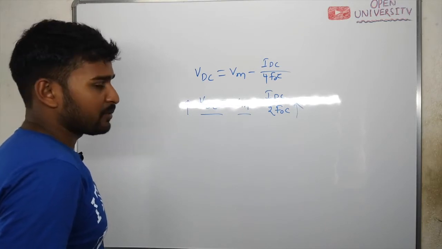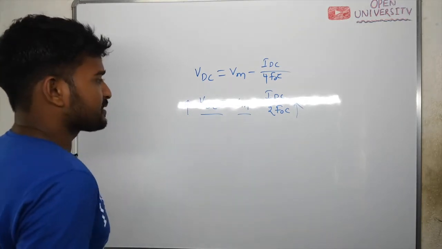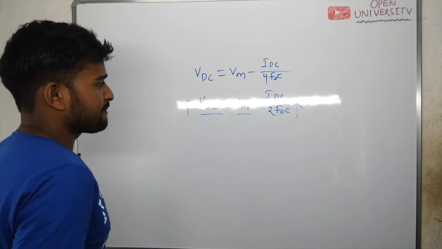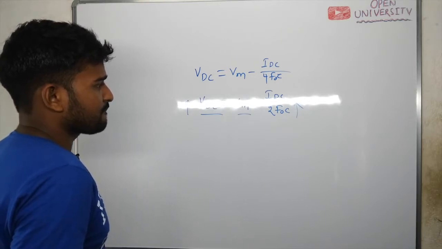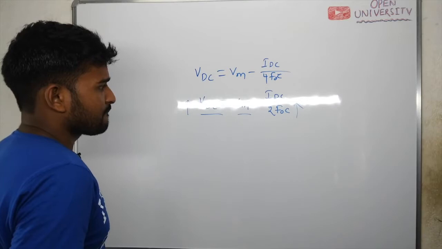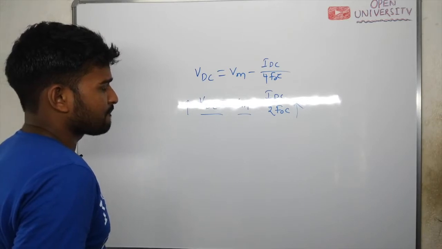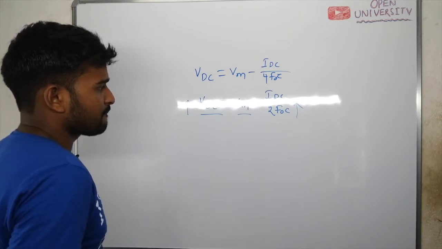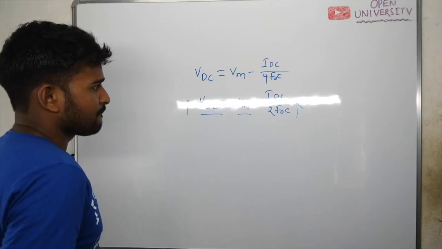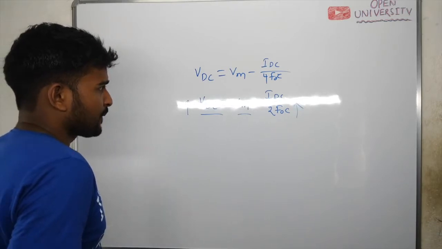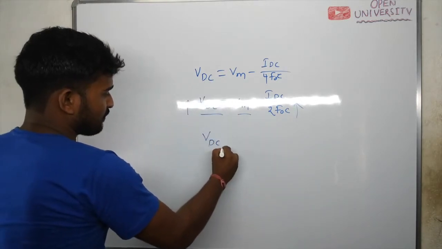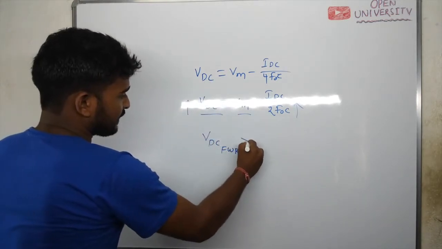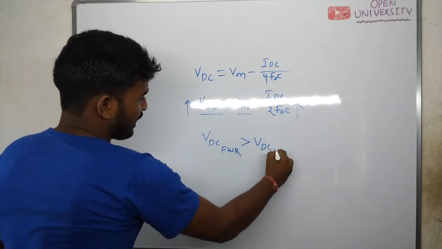The DC voltage of the full wave rectifier will be greater compared to the DC voltage of the half wave rectifier.